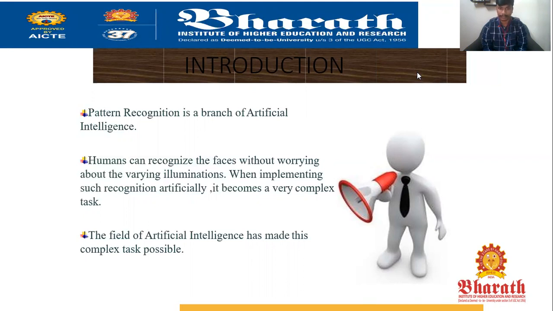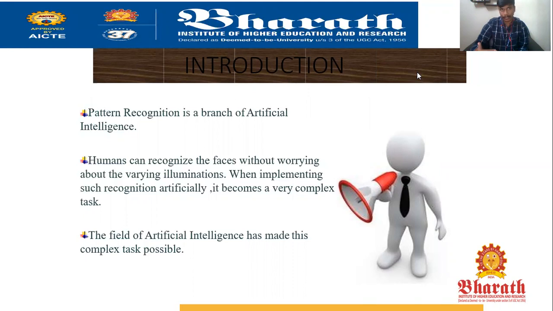Humans can recognize a face without worrying about varying illumination. Varying illumination means that even if changes happen in the individual's space or properties, humans have the ability to detect, verify, or recognize the individual. But implementing such recognition artificially becomes a very complex task. The same recognition process of the human, when developed as an artificial module, is hard to carry out with some changes.